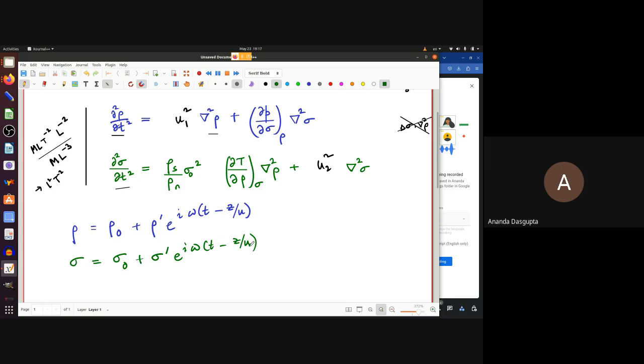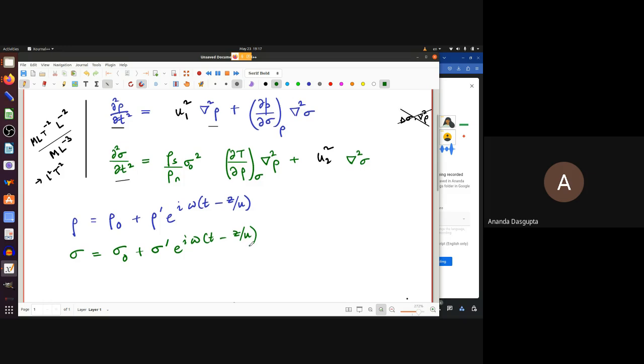Now, let's look at what happens if I just take this and plug it into the first equation. What will del 2 rho del t2 be if I differentiate this twice with respect to time? This term, of course, will not contribute. This is a constant in both space and time; it is just the average value.